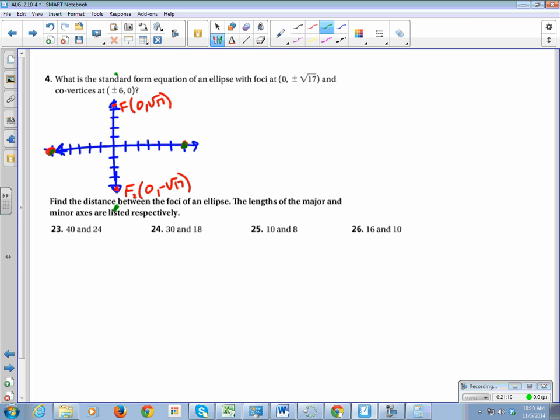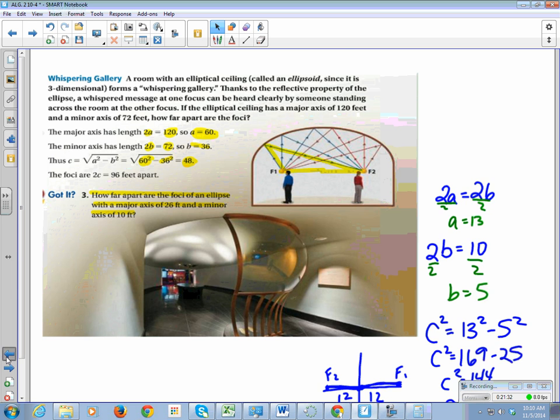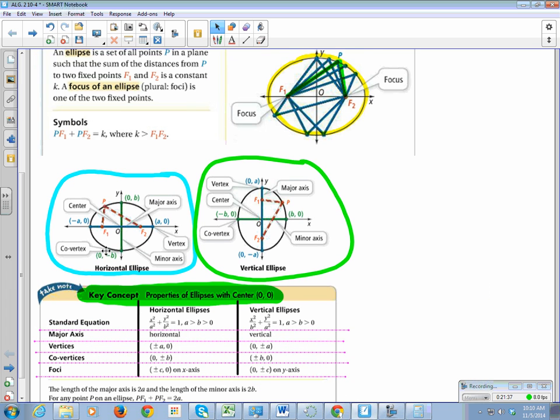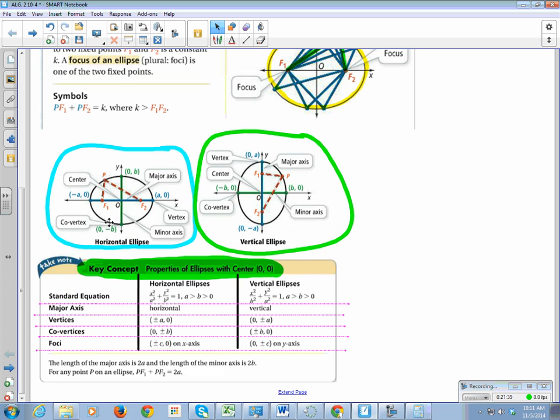So let's use c squared equals a squared minus b squared. We know that our co-vertex is here, and if we look at our formula, the co-vertex is the b: (0, negative b) and (0, b).